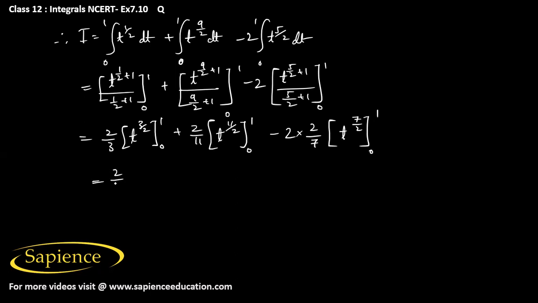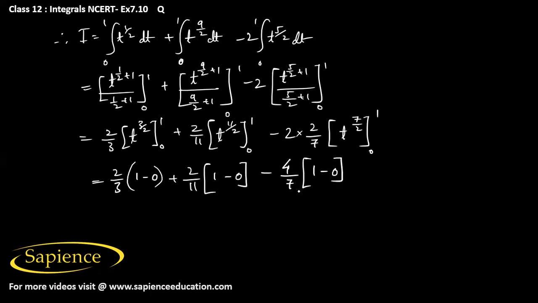So this will be equal to 2 by 3 into 1 power 3 by 2 is 1 minus 0, plus 2 by 11 into 1 power 11 by 2, which is 1 minus 0, then minus 4 by 7 into 1 minus 0. So this will be equal to 2 by 3 plus 2 by 11 minus 4 by 7.